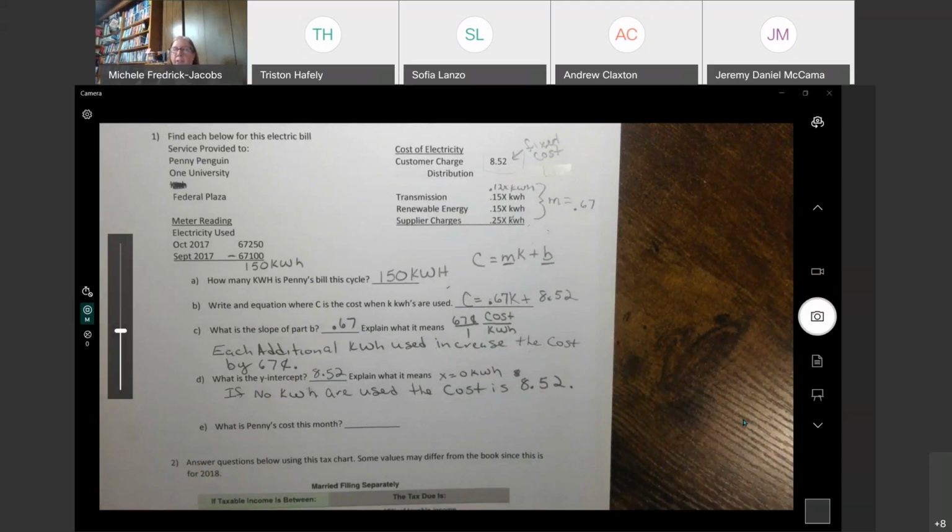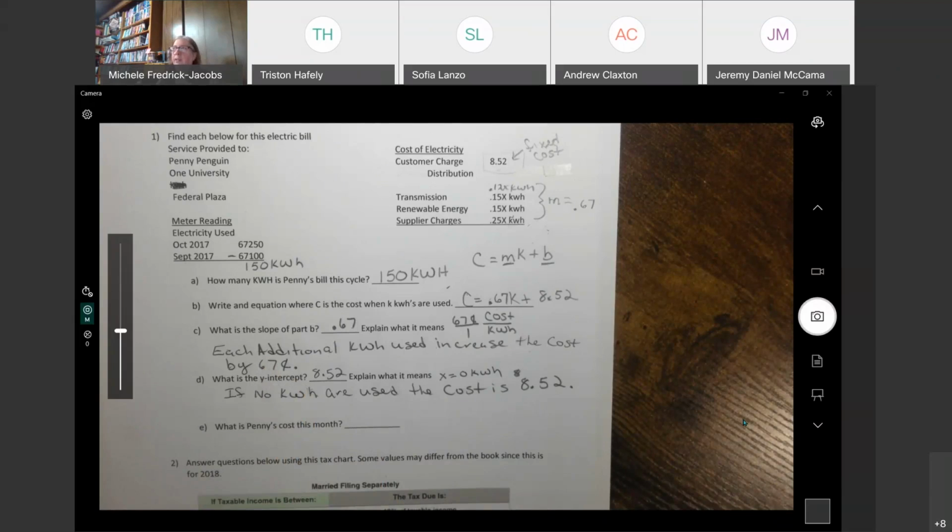So if you're on a budget and you're telling yourself, I can't use more than 100 kilowatt hours, then you know once you hit that, if I'm going to use more, it's going to cost 67 cents for each additional hour that I use. So it kind of tells you.